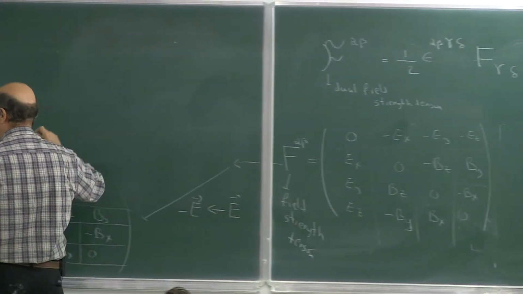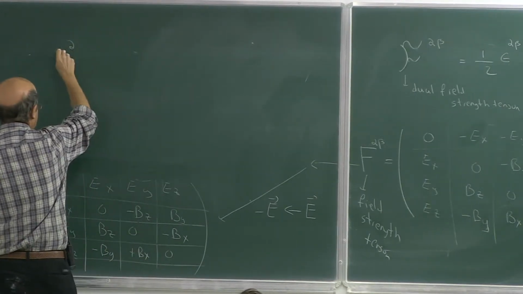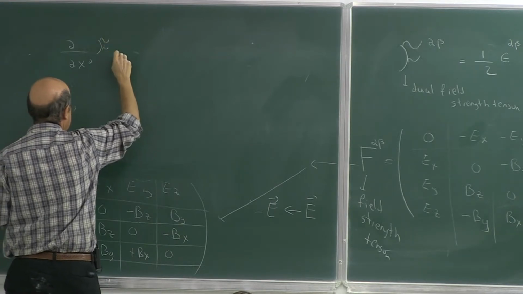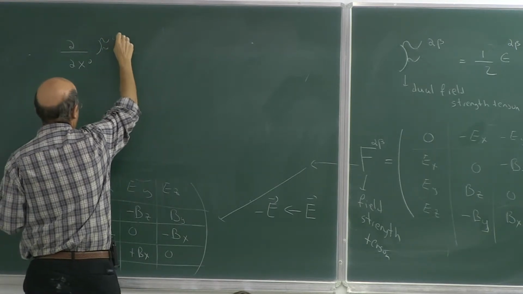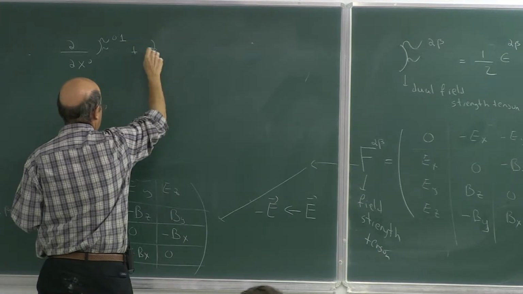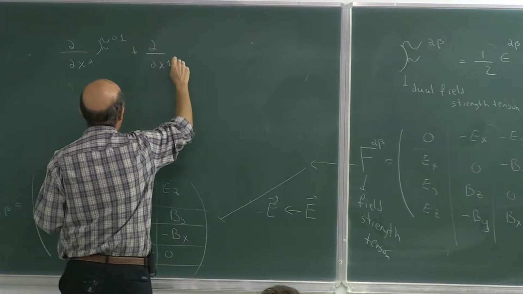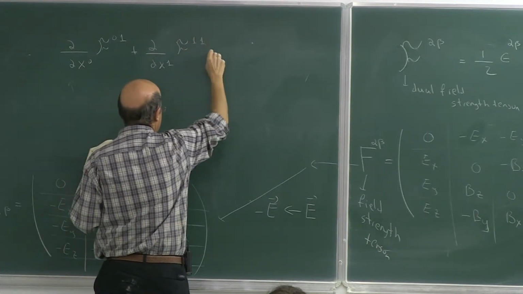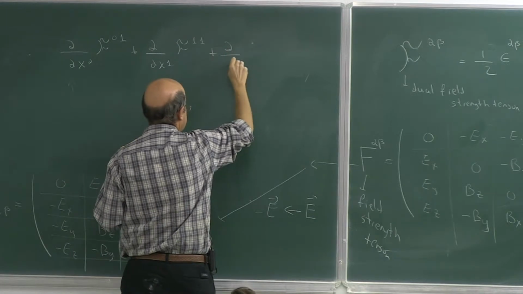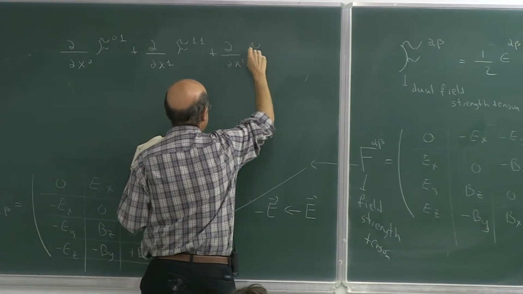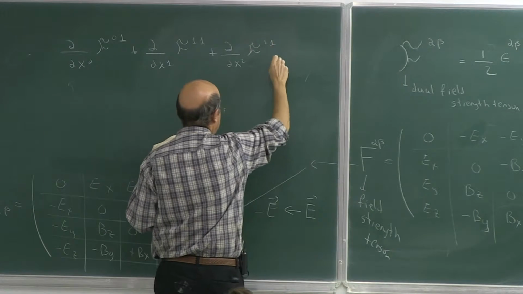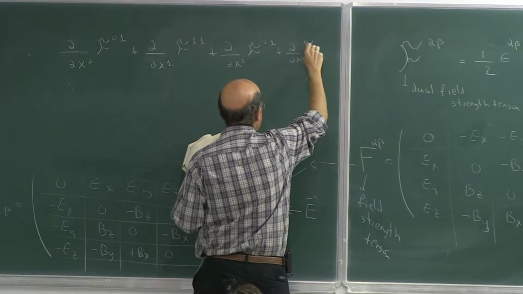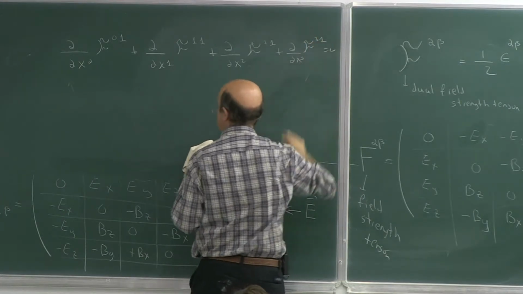So the open form of this will be del over del x0 f tilde 0, 1, plus del over del x1 f tilde 1, 1, plus del over del x2 f tilde 2, 1, plus del over del x3 f tilde 3, 1.